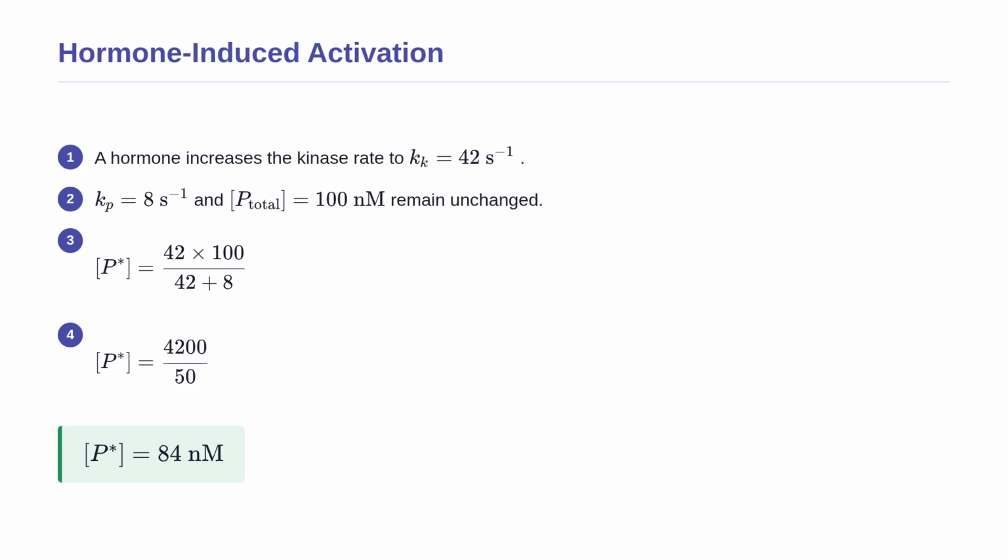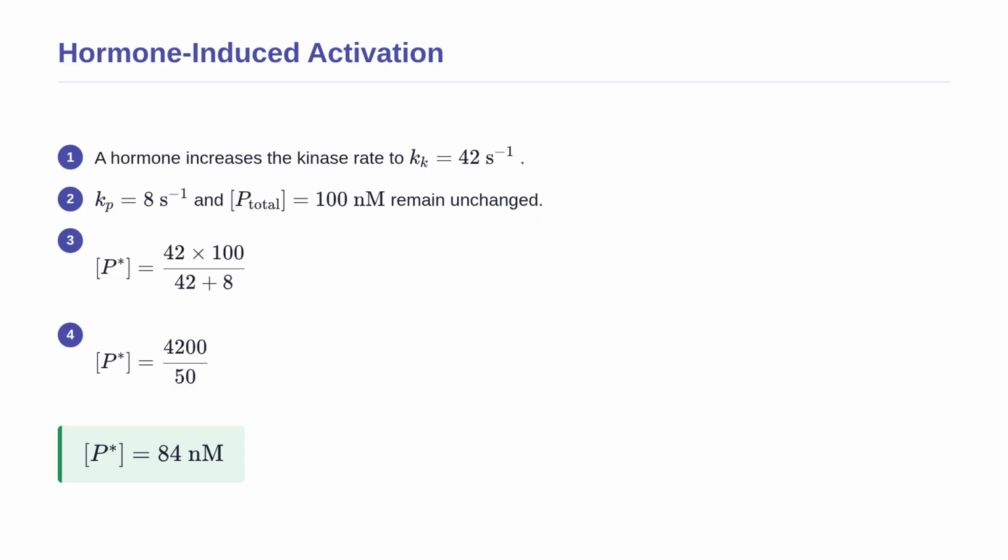Now, suddenly, a hormone binds to the cell, activating a signaling cascade. This increases the kinase rate dramatically to 42 per second, while the phosphatase rate and total protein remain unchanged. We use the exact same formula, updating only the kinase rate.